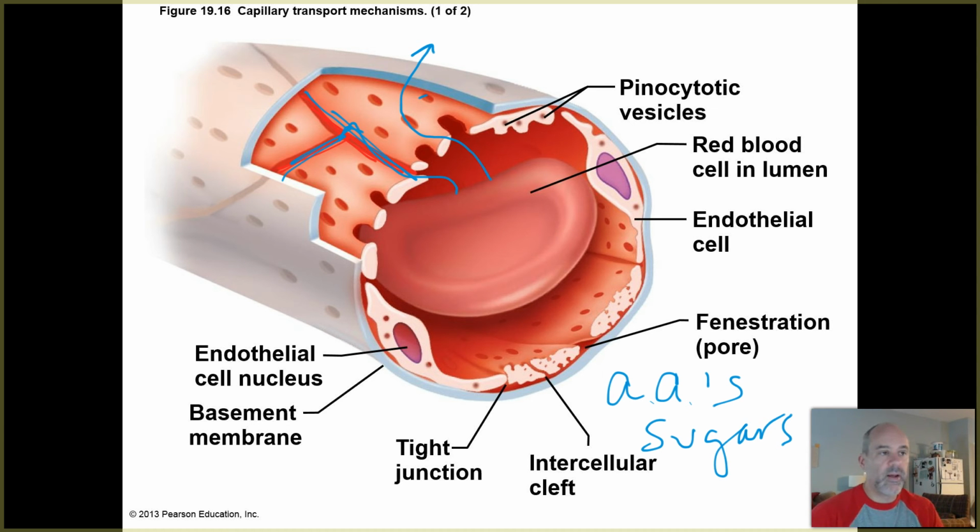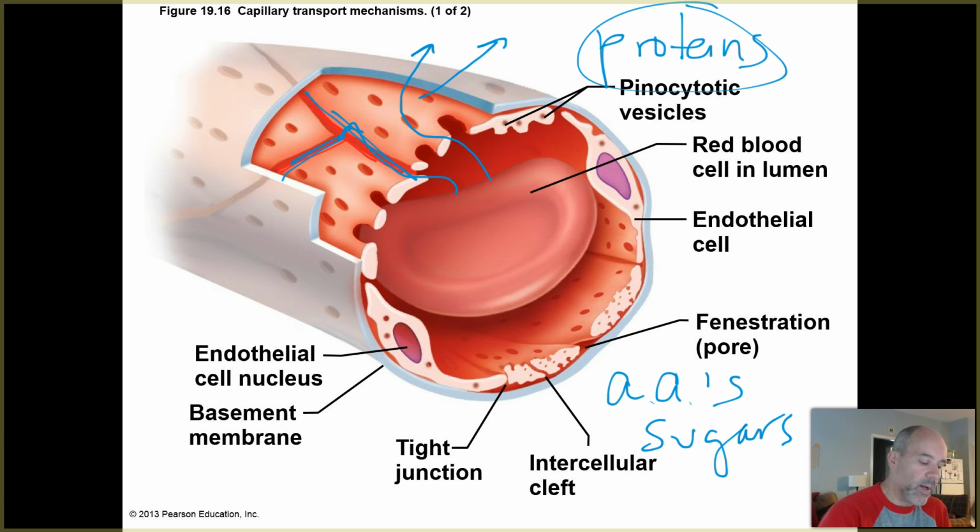Bigger molecules, larger molecules like proteins, or bigger organic molecules, are generally too large to move through those slits or those pores.